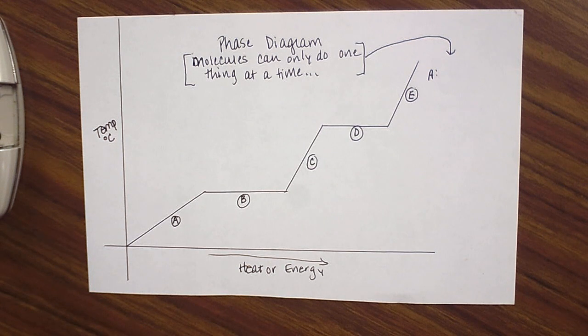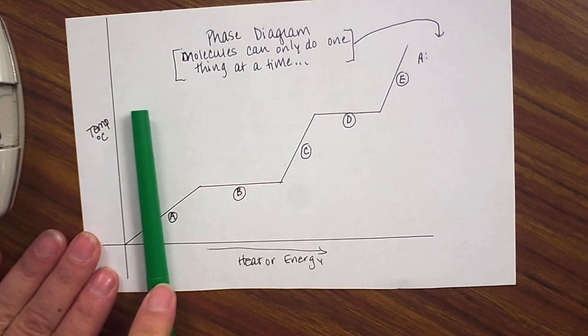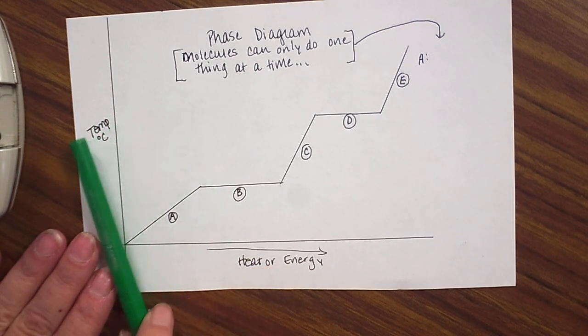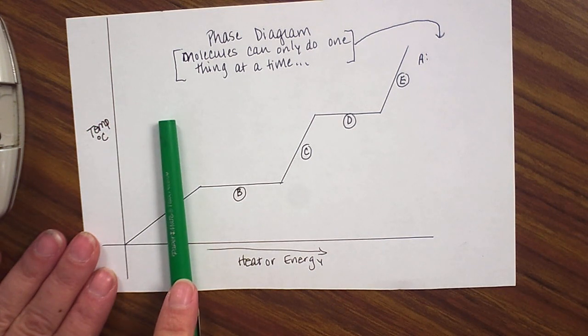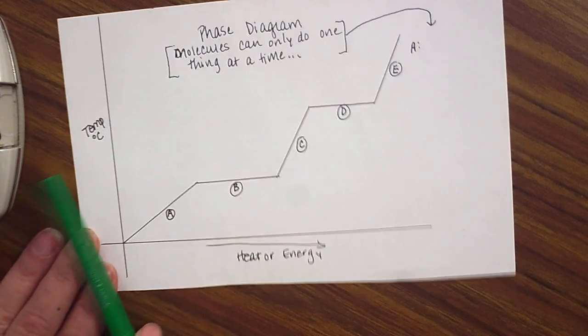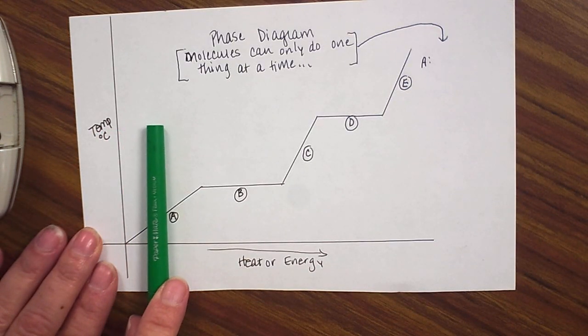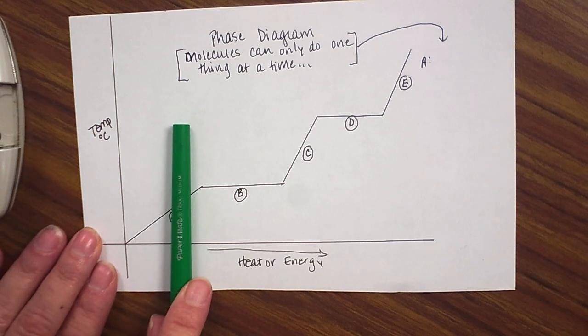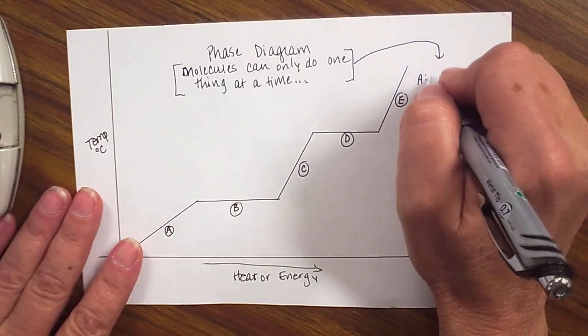So the way we read a graph is we start from the left and we move to the right. So I would say, as I'm putting heat, here's my heat, as I'm putting heat into my substance, my temperature is rising.